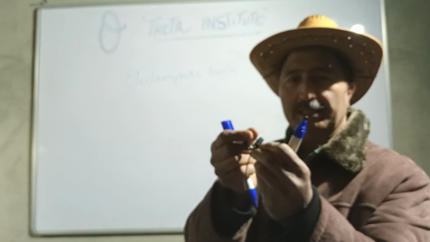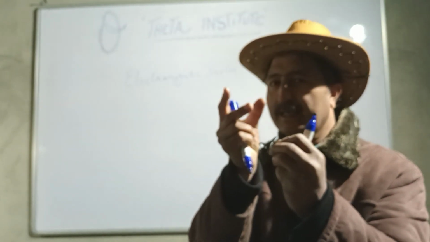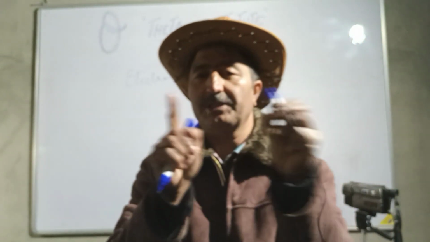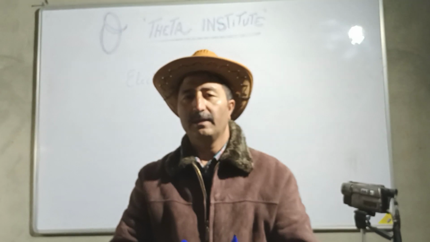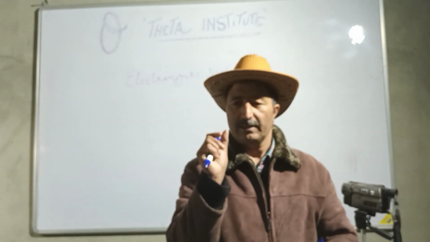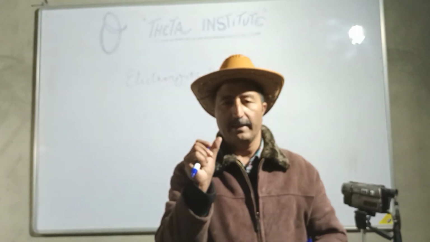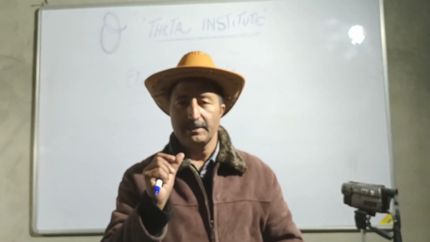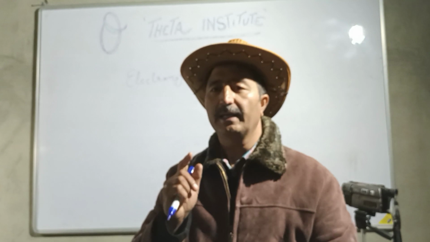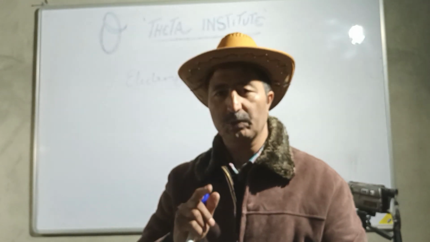There is a piezoelectric crystal, and these two wires are connected on each side, on the two ends of the piezoelectric crystal. When we speak, that crystal gets compressed and relaxed, compressed and relaxed. By compression and relaxation, it makes electric signals. We will teach you that later on.